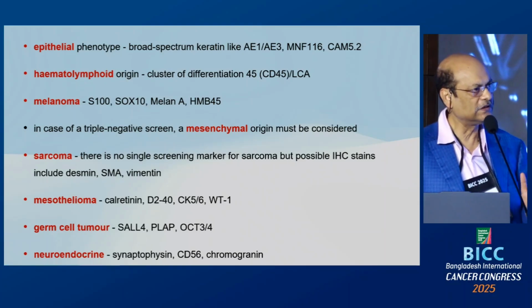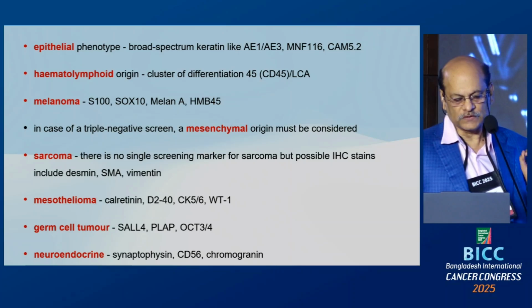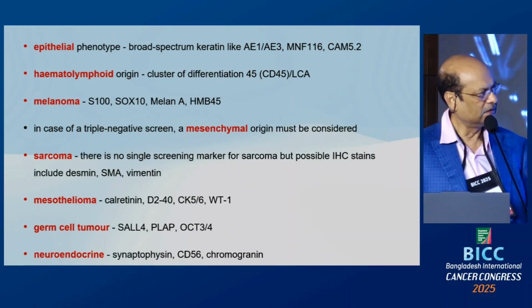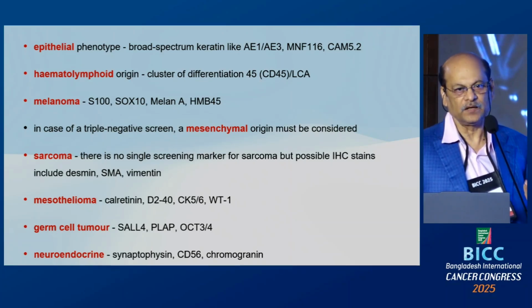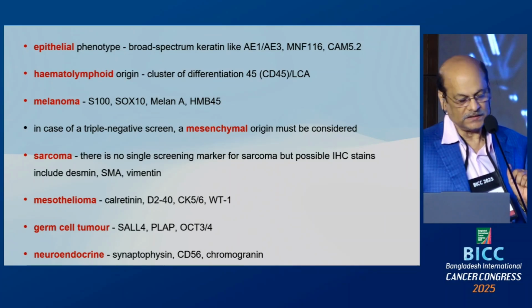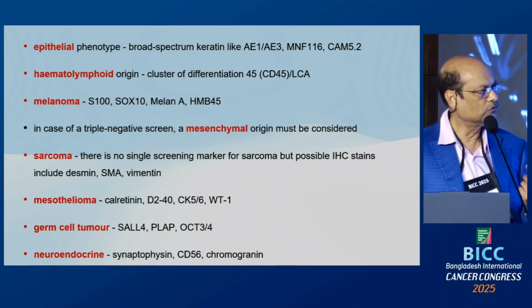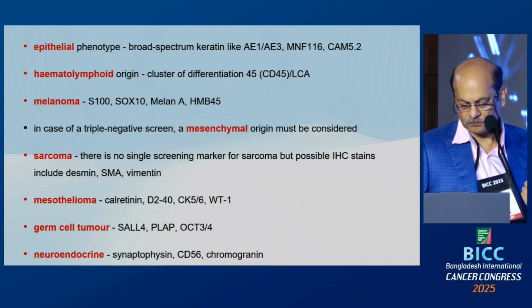But unfortunately, there is no single marker for sarcoma, so we have to consider at least desmin, SMA and vimentin. Next, mesothelioma, and its marker is calretinin. For germ cell tumor, a common marker is SALL4, and for neuroendocrine, we know synaptophysin and chromogranin.